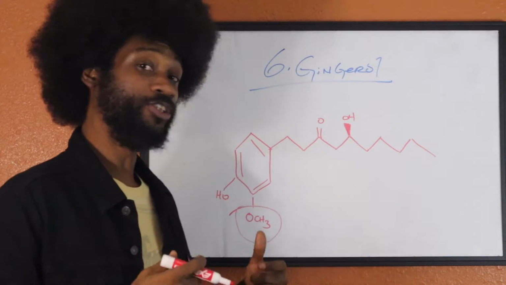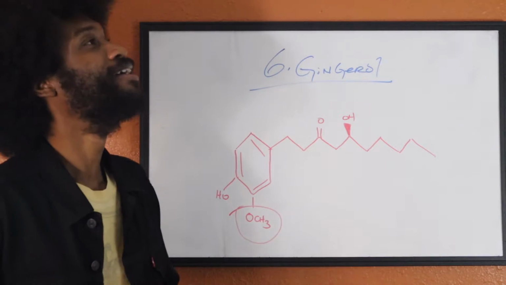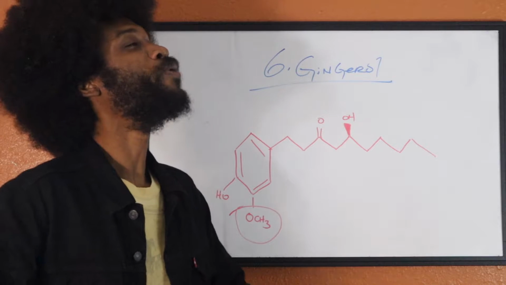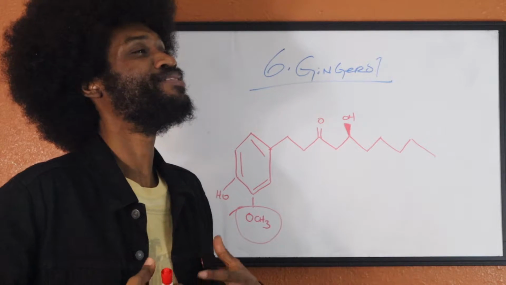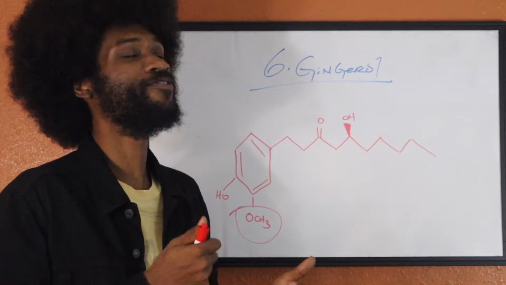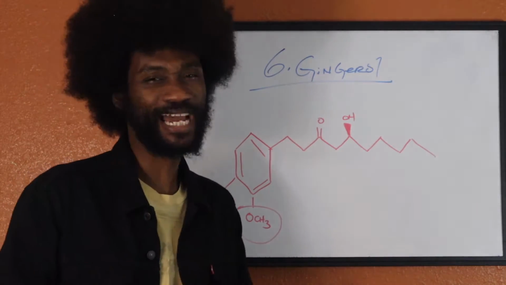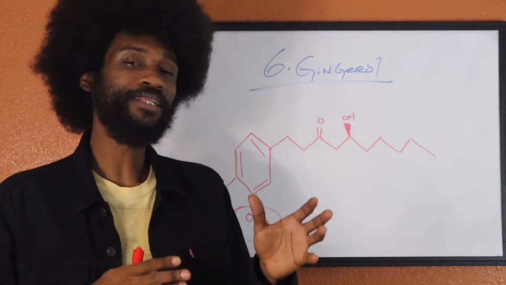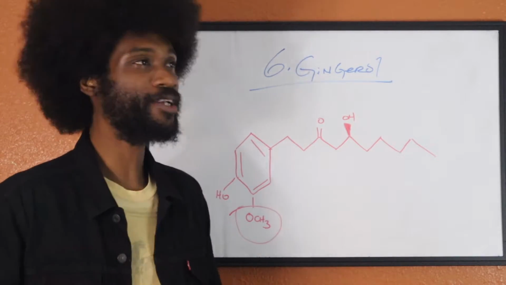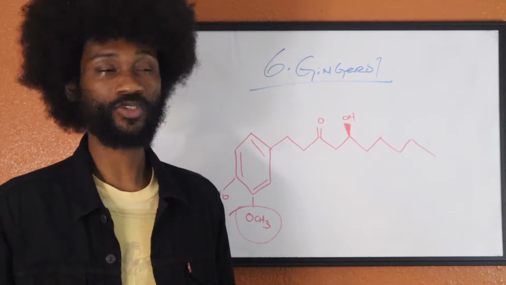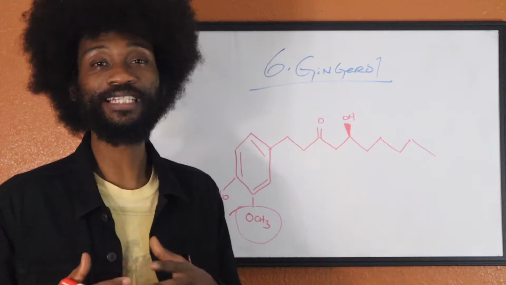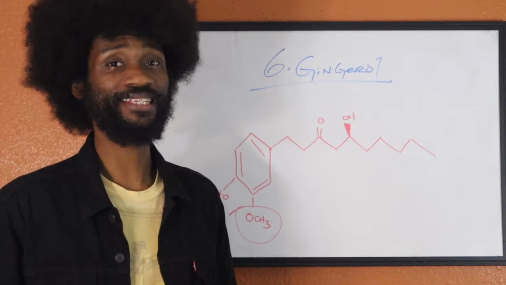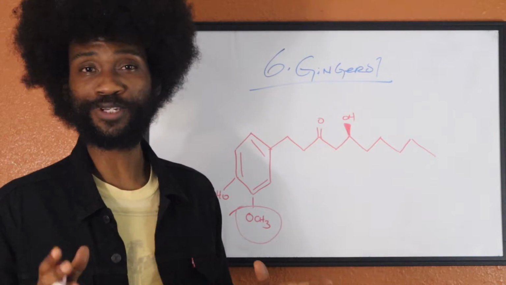6-gingerol from Zingiberaceae, or ginger. Ginger is awakening. It's antiseptic. If you ever have a cold, a flu, a fever, or you're feeling down: ginger, lemon, cayenne pepper. Yes, I know lemon is not on the list, but when I came up, my mother did give me lemon, and I still use lemon to this day. Lemon was created for a reason.